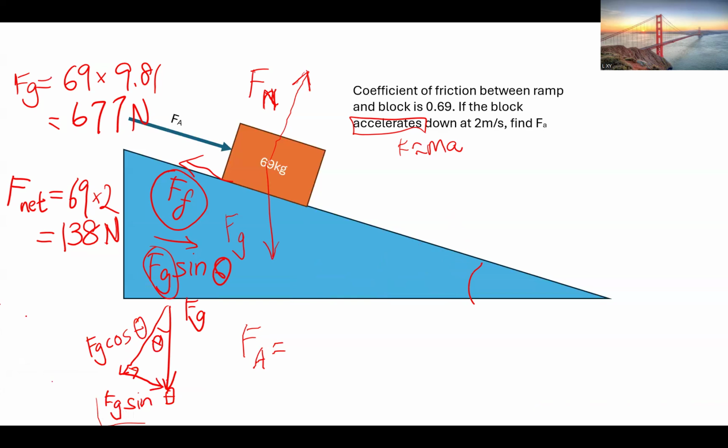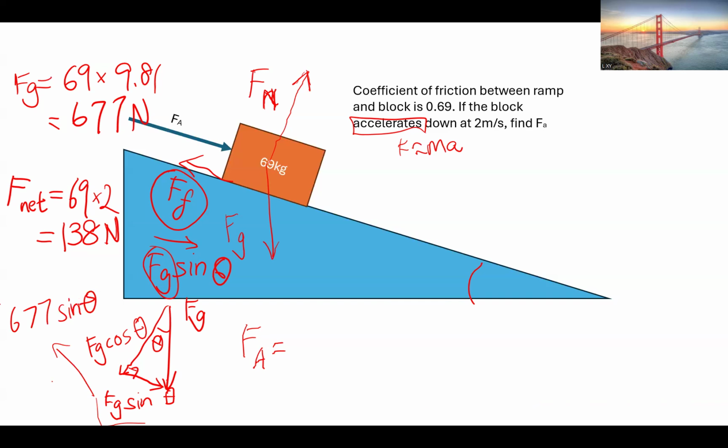So let me just use my calculator and calculate Fg cosine theta. Fg is equal to 677 cosine theta, and this is 677 sine theta right there. Very nice, right?